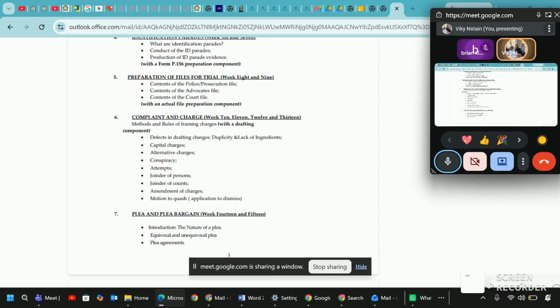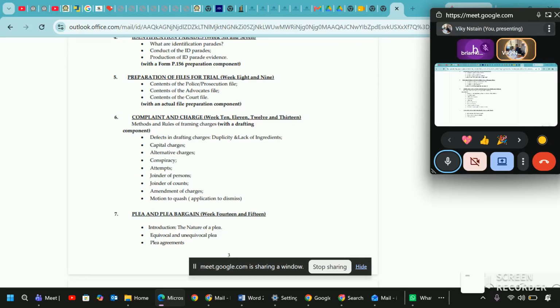So whenever you encounter a duplicity situation, this way you'll be having one count alleging two distinct offenses. For instance, you can cite burglary and stealing, that will be duplex. Receiving and retaining, duplex. One count covers multiple complainants or transactions in a way that creates more than one offense.